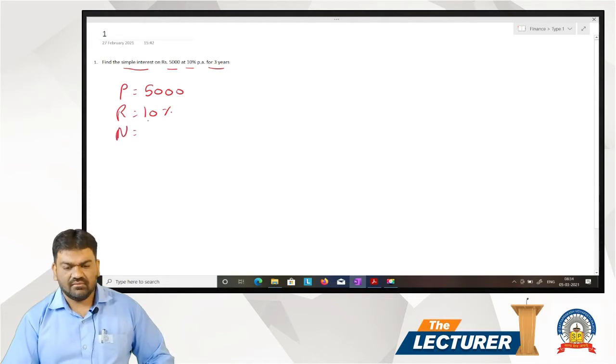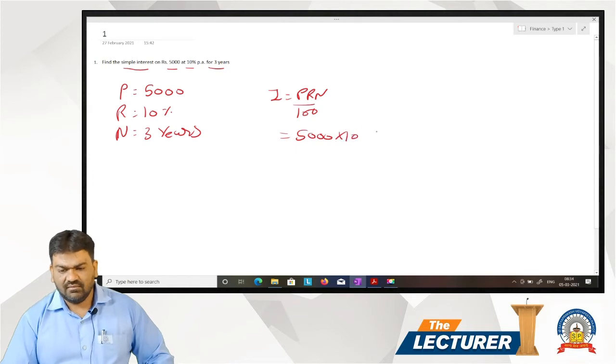And N, 3 years. We have to find out simple interest. So I is equal to PRN upon 100. 5,000 multiplied by 10 multiplied by 3 divided by 100. 1500. This is your answer.